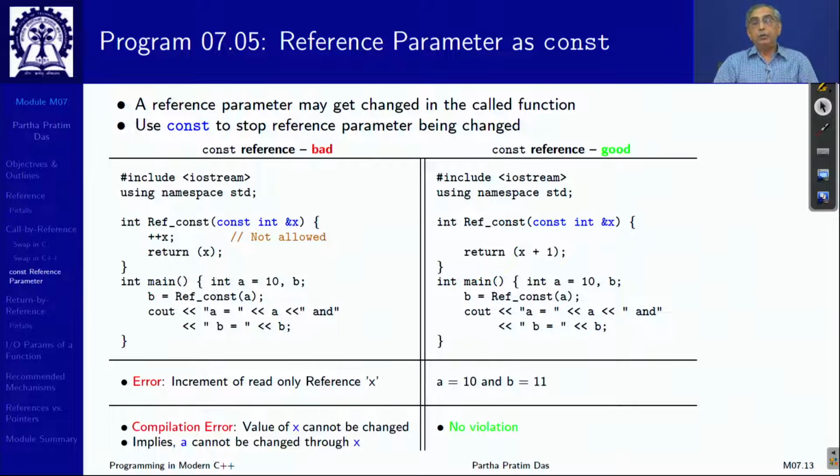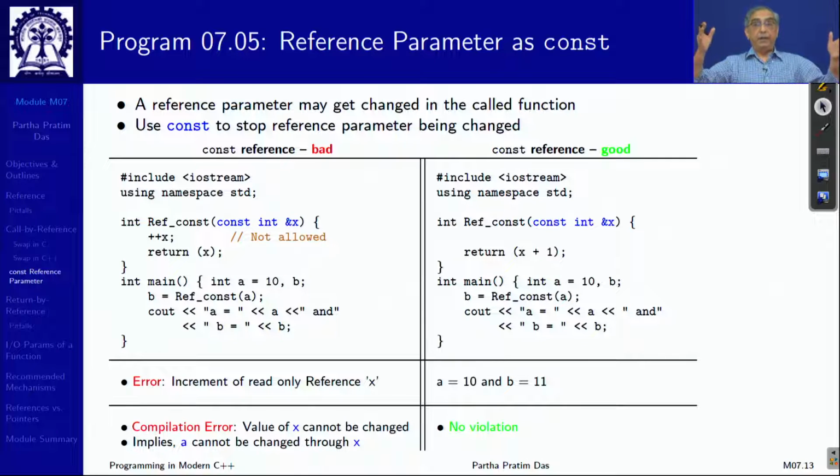Now, when you use a call by reference, a function may inadvertently change that variable. Suppose you want to use something only as an input, but you have used it as a reference parameter, and we will see the reasons why we want to do that, because a big advantage of using reference is that I do not need to make the copy.